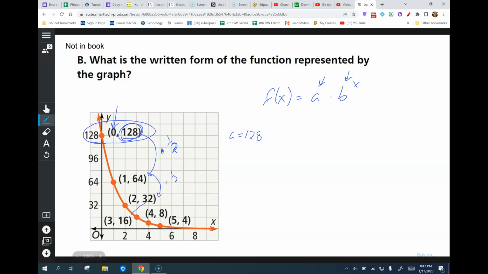Now I go from 32 to 16. What did I do? I multiplied by 1/2. What do I do to 16 to get to 8? Multiply by 1/2. So what's my ratio? What is b? 1/2. So we write our equation. F of x is equal to the initial value times the ratio to the x power. Not anything too difficult.